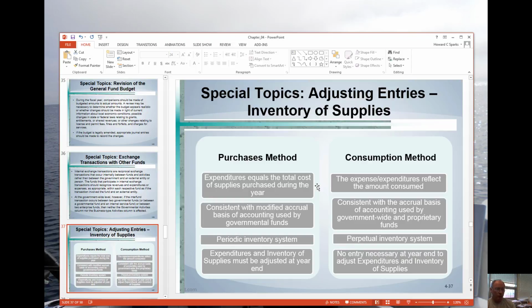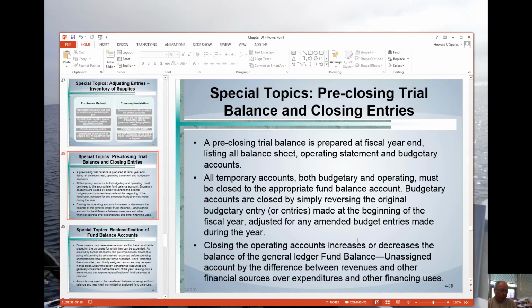And that's really what's different here. One takes the approach from the income statement, the purchase method. The other is the balance sheet approach. And so all the supplies are added to the inventory account under the consumption method, and then you expense those whenever you requisition them throughout the year, because it's similar to the periodic method there, or perpetual method. And so at the end of the year, you're good to go.